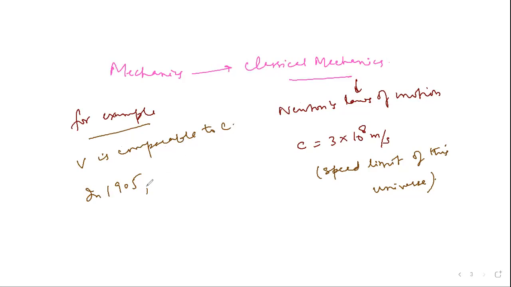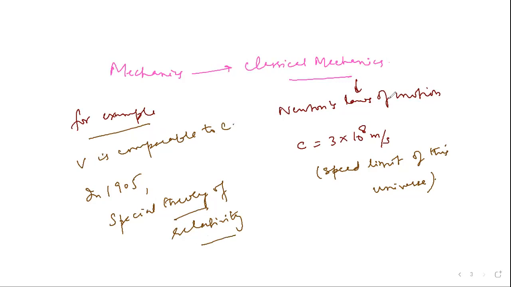And that extended theory is called special theory of relativity, right? So special theory of relativity makes correct predictions about the system or body if it is moving with a velocity comparable to c.